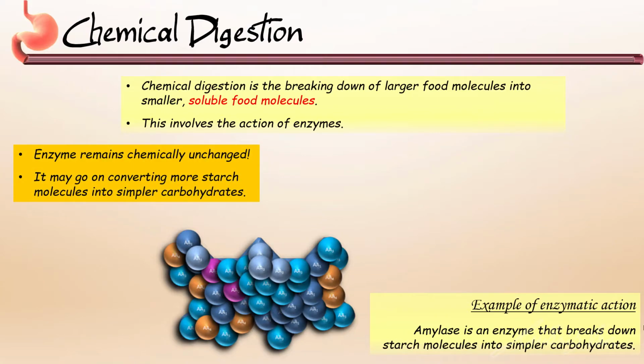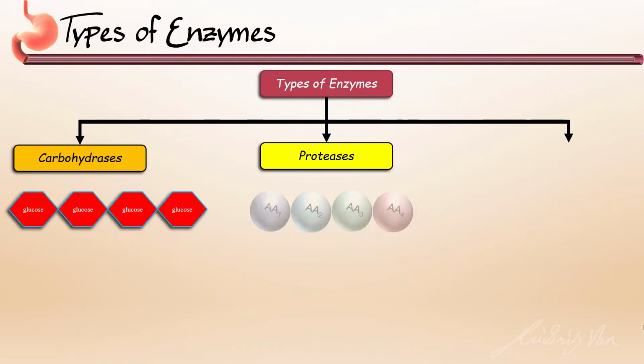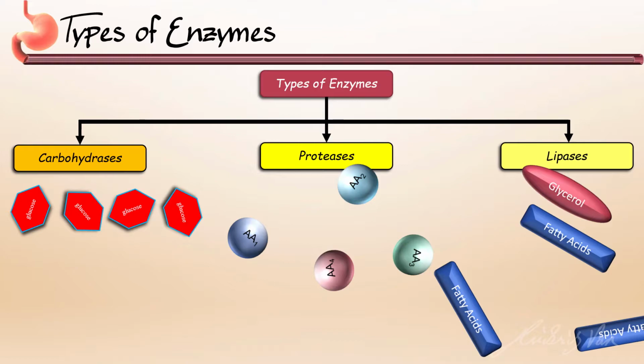An enzyme that breaks down starch is called amylase, and the enzyme will remain chemically unchanged. This is a callback to what we have learned in our previous chapter. There are three types of enzymes that you should be aware of: carbohydrase, protease, as well as lipase. Carbohydrase will break down carbohydrates, protease the protein, and lipase will break down the lipids or the fats.